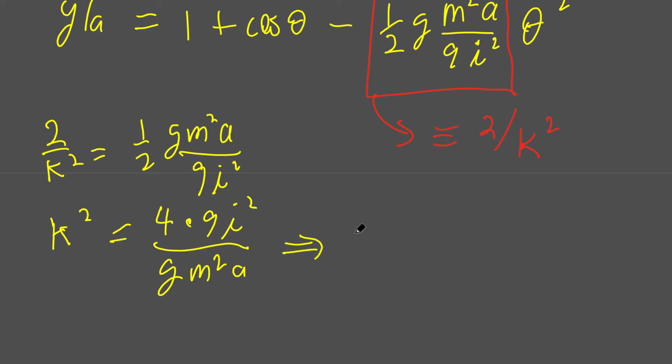So in other words, k is equal to 6 times I over m times the square root of g times a.